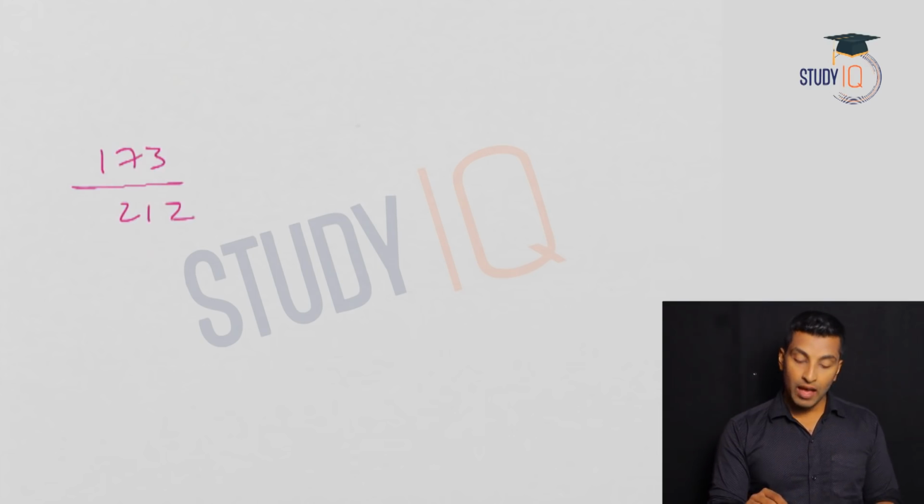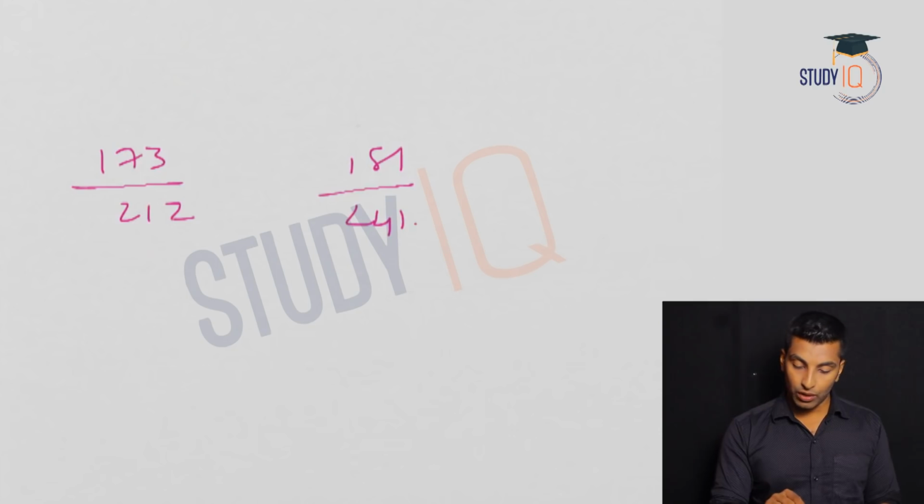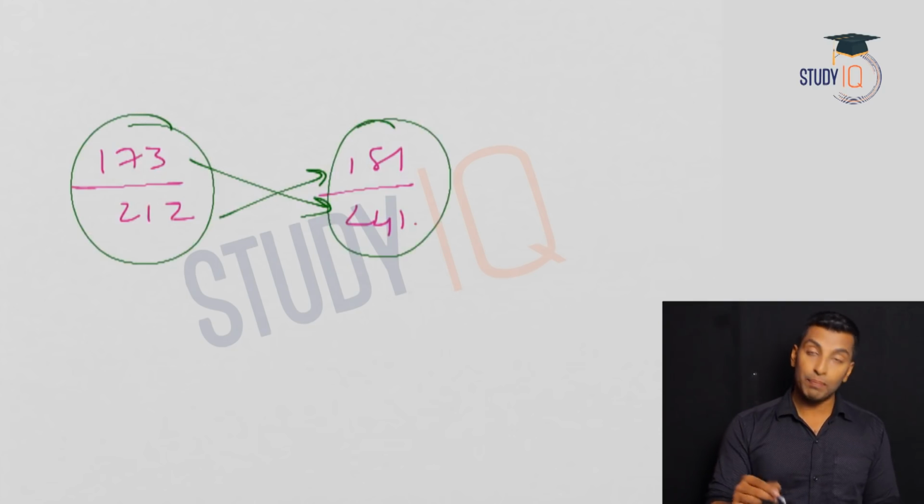But in real cases, it may be very difficult to do this cross multiplication. If you get bigger numbers, finding the product itself will be difficult, and instead you can find the percentage. Let's suppose you get values like 173 by 212 and 181 by 241. With this kind of values, cross multiplication is difficult, so you can find the percentage.